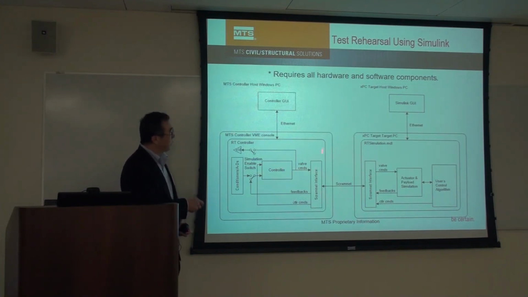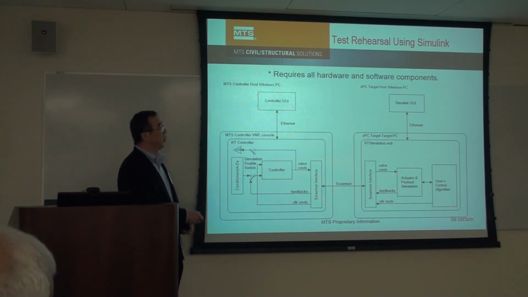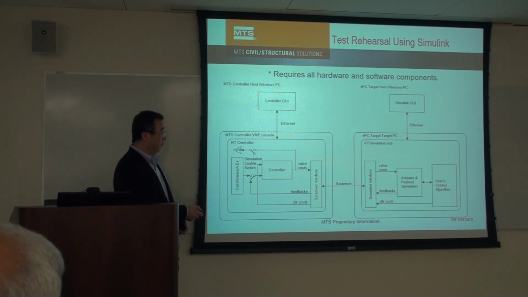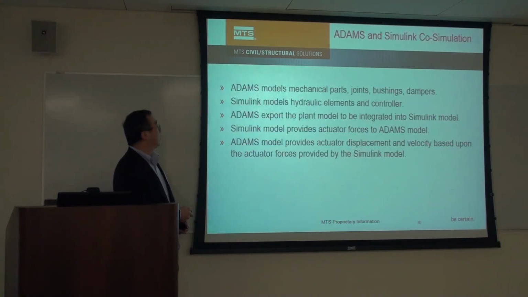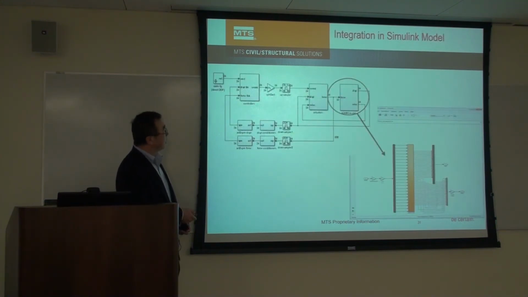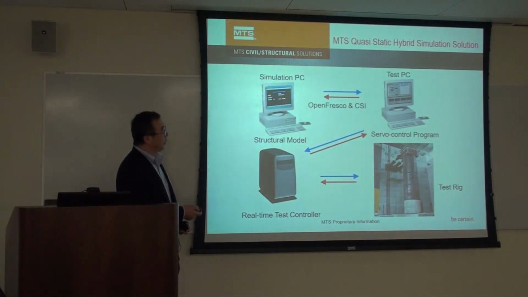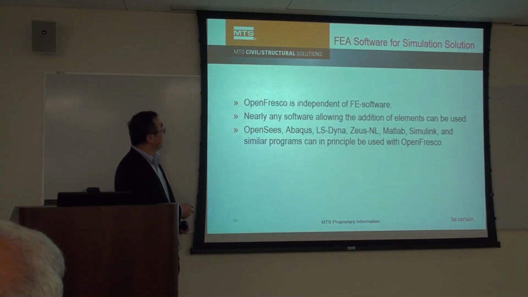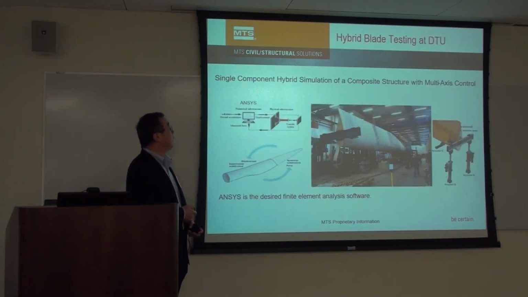The controller part is the real system through SCRAMNet, and it sends a command to the target PC. The target PC has your virtual system, which is simulated by Simulink. Then we have the Adams and Simulink hybrid test. The mechanical part is modeled by Adams, and the rest is tested. Because of the time constraint, I cannot go into detail.